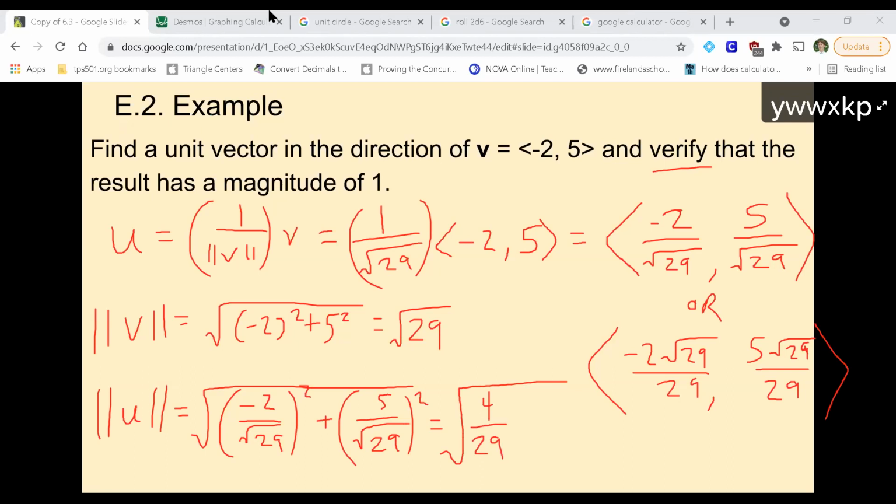The square root of 29 squared is 29, plus 25 over just 29. I bet you see where this is going. That's just the square root of 29 over 29, which is 1, and the square root of 1 is 1, don't you know? And so now we can rest assured and sleep soundly tonight, knowing that the magnitude of that unit vector really was 1. Mr. Lake did not lead us astray this time.